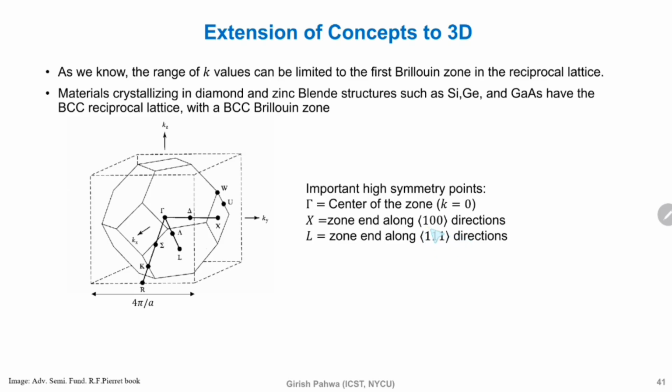So when you put this type of bracket, it means equivalent 1 1 1 directions. It means 1 1 1, 1 1 bar 1, right? 1 bar 1 1, 1 1 1 bar, all of those directions. In total there will be 8, right? Similarly X means zone edge along the 1 0 0 direction, all possible 1 0 0 directions. Okay.